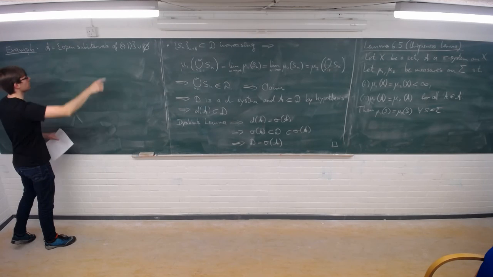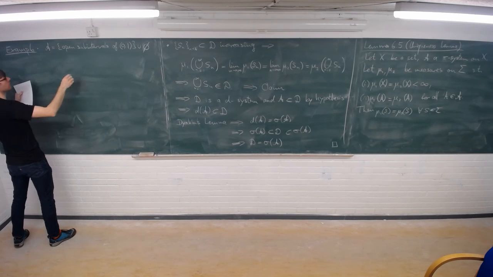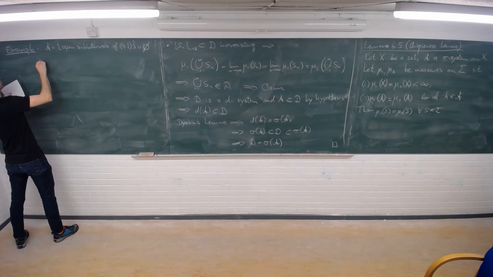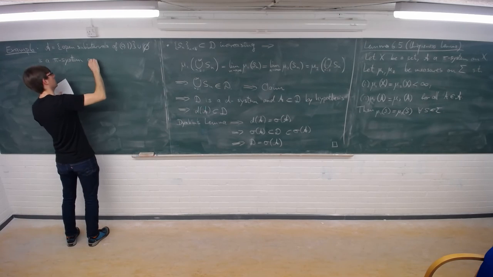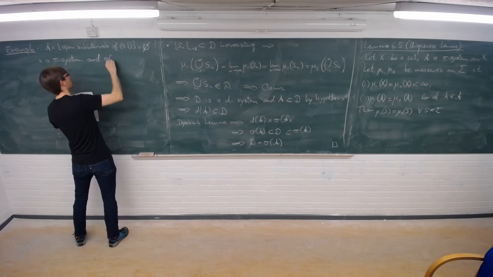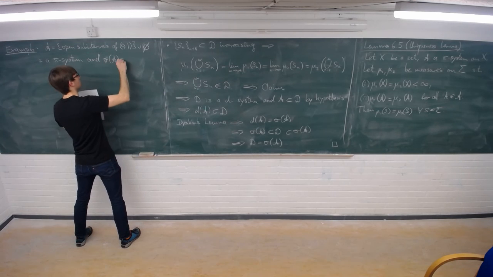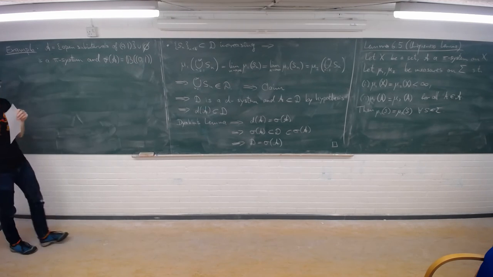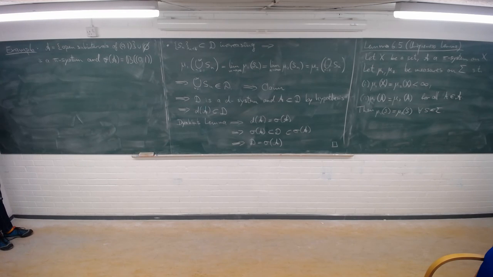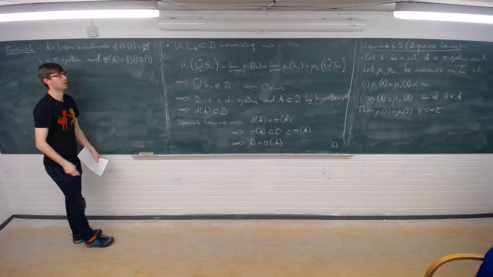Then that's certainly a pi system. And the sigma algebra generated by A is the Borel sigma algebra of the interval 0 to 1, right? We've seen that the Borel sigma algebra is generated by open intervals.